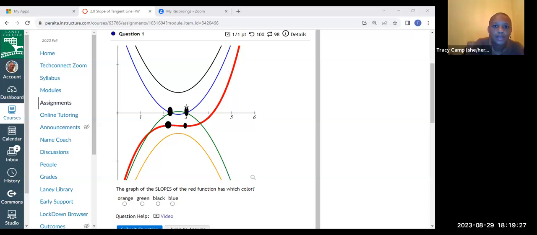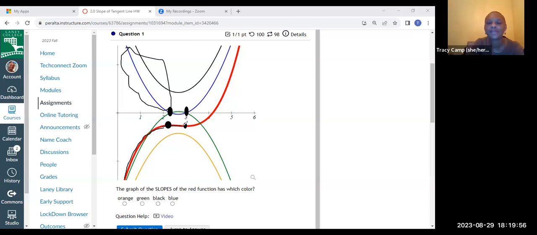So I know that my answer is either going to be the blue curve or the green curve. If I trace along the red curve, reading from left to right, first I'm going up, which means my curve is increasing, which means my derivative is above the x-axis. That's happening with this blue curve. Then it looks like I start to go downhill just a little bit.